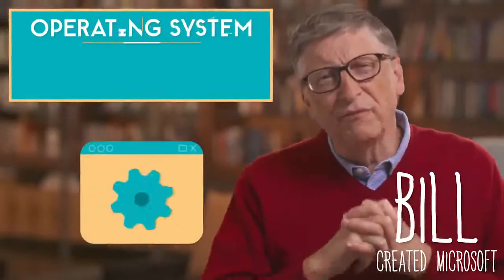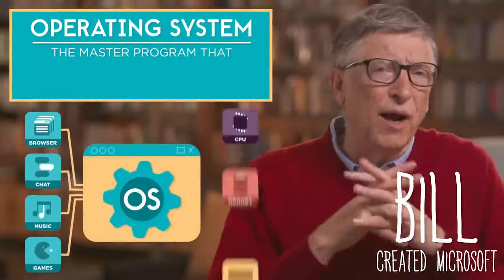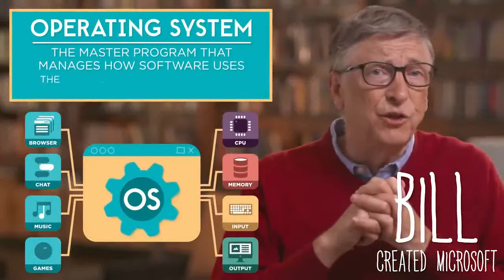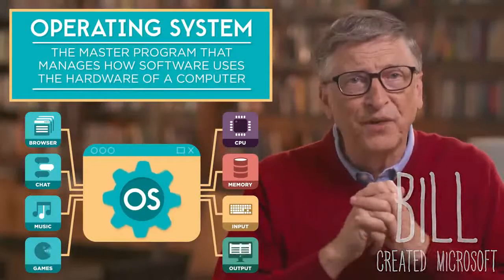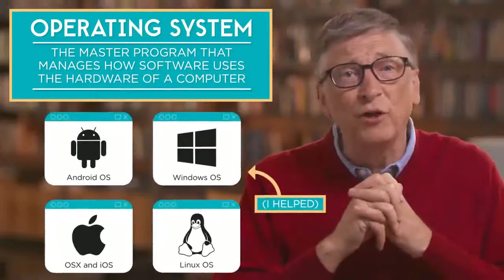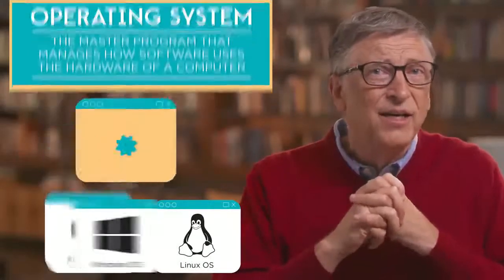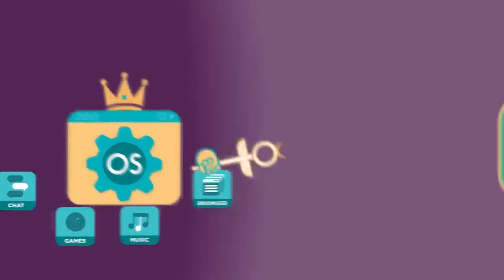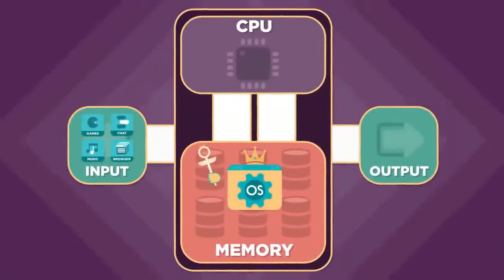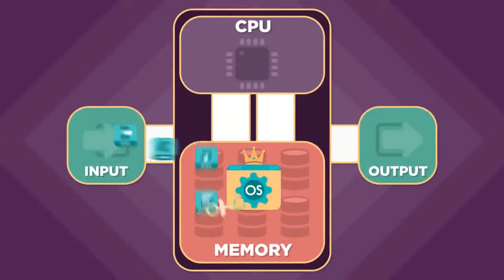The operating system of a computer is the master program that manages how software gets to use the hardware of the computer. For example, I helped create the Windows operating system that runs on most personal computers. The operating system is a program with special abilities that let it control the other software on the computer. It lets you install new programs by loading them into your computer's memory.